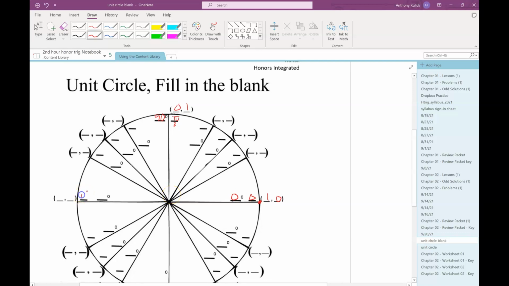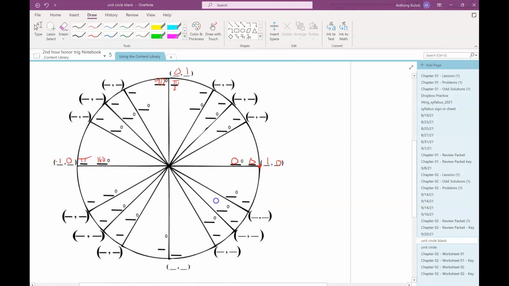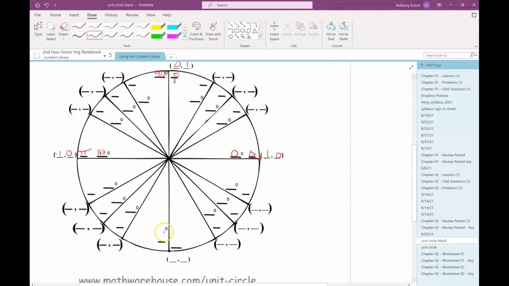We can fill in 180 degrees or pi radians as negative 1, 0. We can fill in 270 degrees or 3 pi over 2 radians as 0, negative 1. Everybody happy with just running through those real quick? FYI, those are called quadrantal angles because the point or the terminal side lies on one of the x or y axes.